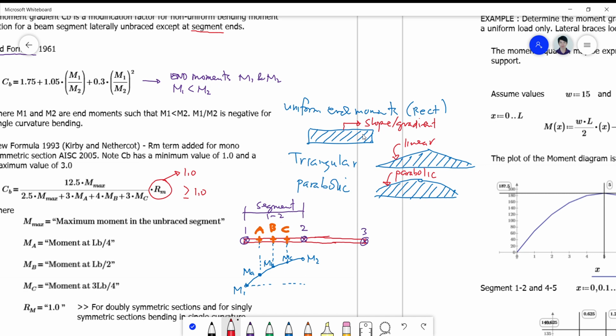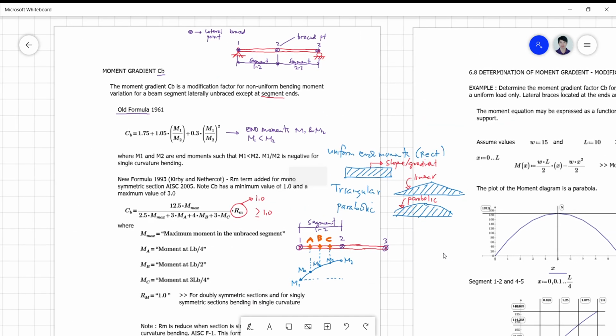Okay, so we will try to look into these things when we go solving a problem on this.